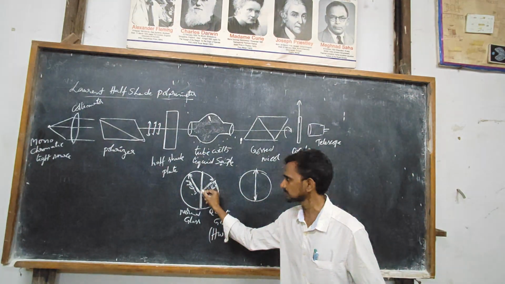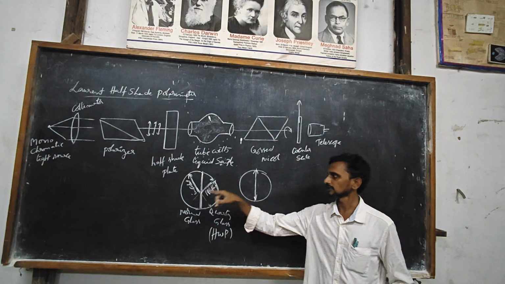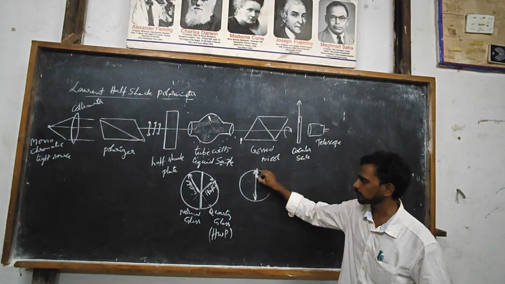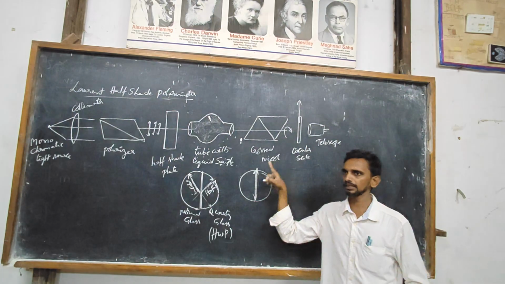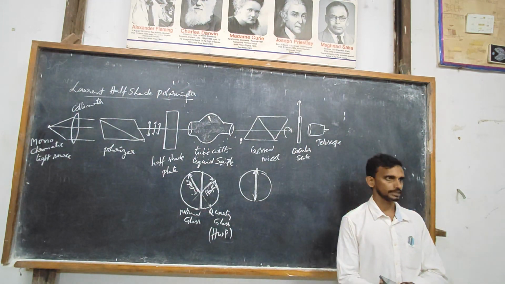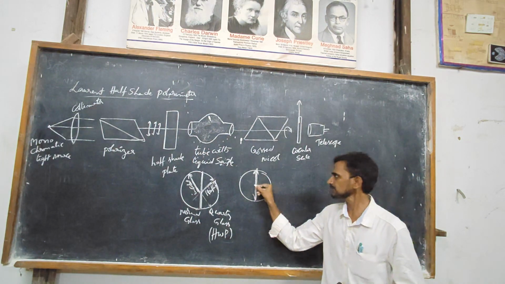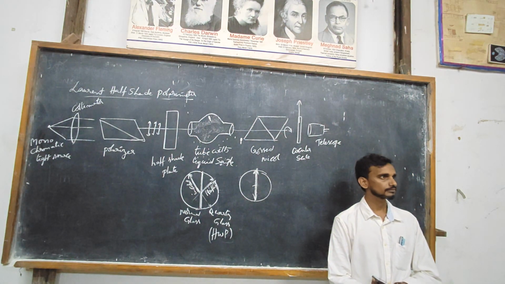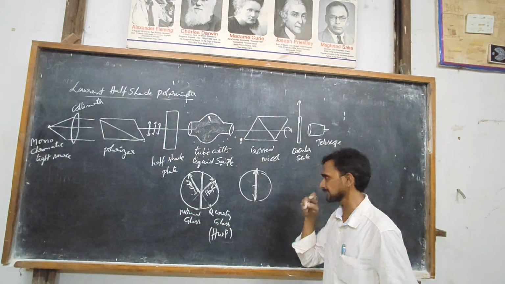Whereas if the polarized light ray is incident exactly perpendicular to the plate, what happens? Even after flipping, it will fall on the same line. Right? So both portions will be visible with equal brightness.